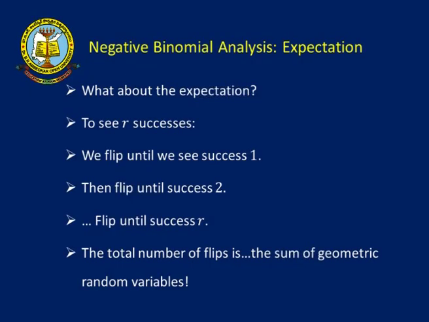Negative binomial analysis. We know the PMF. Now we can take the expectation. What about the expectation? Say r is the number of successes. We flip until success 1, until success 2, until success 3, until success 4, and until success r also. The total number of flips is the sum of geometric random variables.